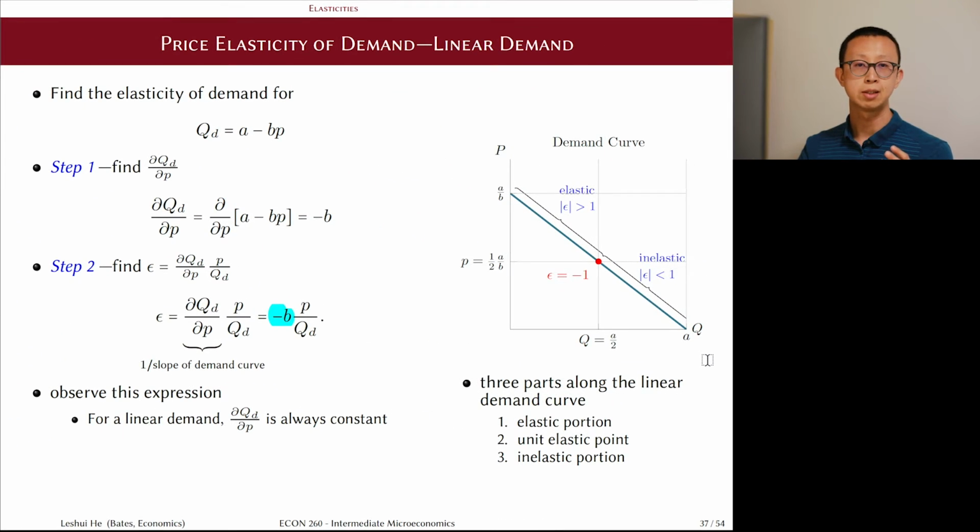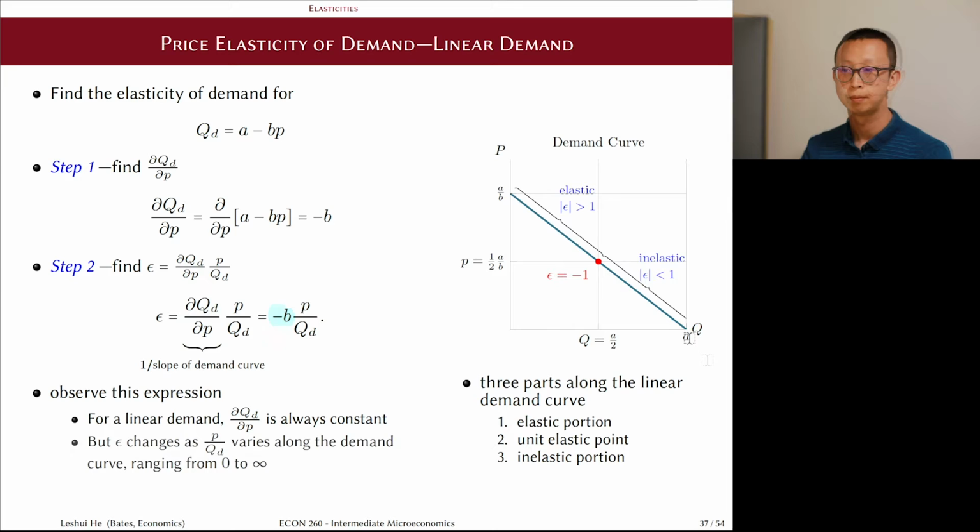And because the elasticity at this particular point has an absolute value of 1, we call it the unit elastic point. Another way to think about the unit elastic point is that when the ratio of P over Q changes from 0 all the way to infinity as we travel up the linear demand curve, it's bound to pass by a particular point that has exactly the value of the slope of the demand curve.